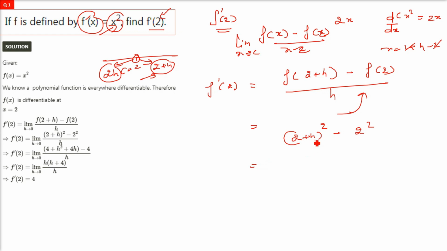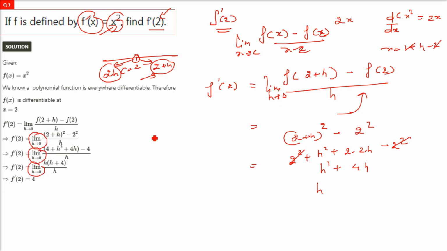And the denominator I'll write later. (2 plus h) whole square is (a plus b) whole square, a square plus b square plus 2ab. Then we have this minus 2 square, which is 4 only, so we can cancel these two. h square plus 4h, you can take h common from here. Please remember, limit h tends to 0 and h in the denominator is always there.